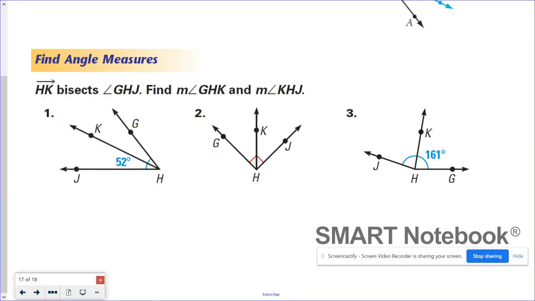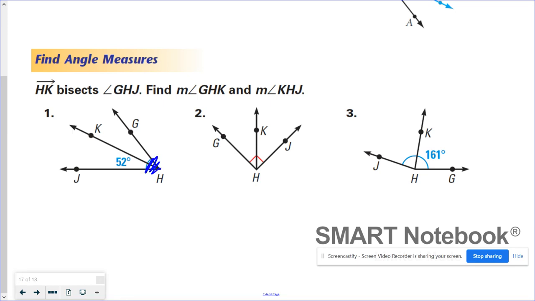In these three examples, ray HK bisects angle GHJ. We want to find the measure of angle GHK and the measure of angle KHJ. Well, number one, if you look at that singular arc mark, it looks like it's saying that the whole big angle is 52 degrees.